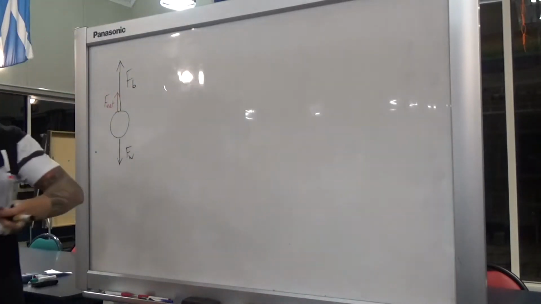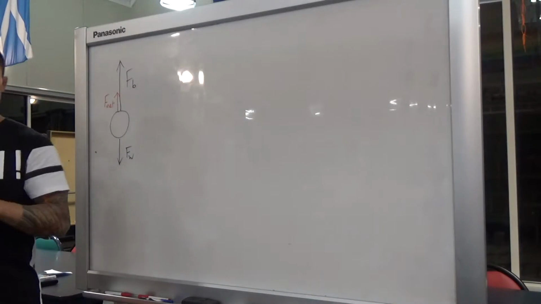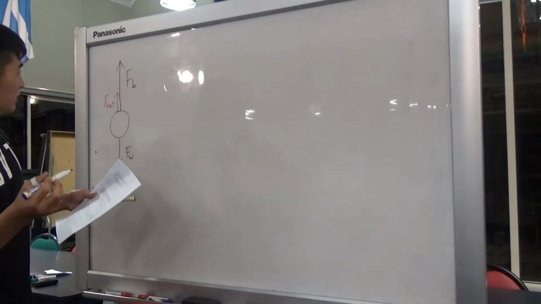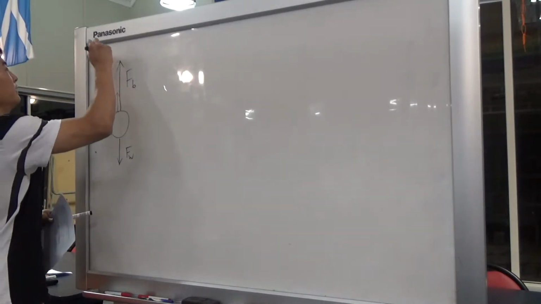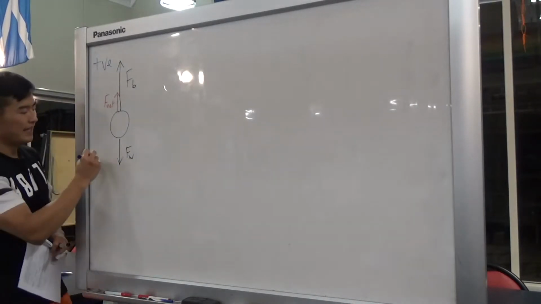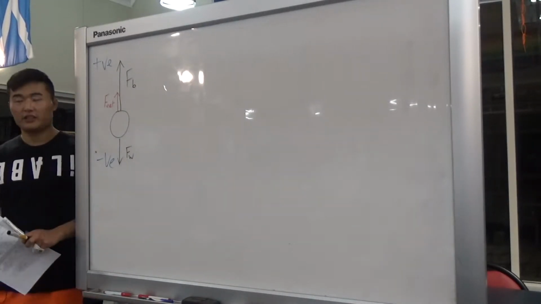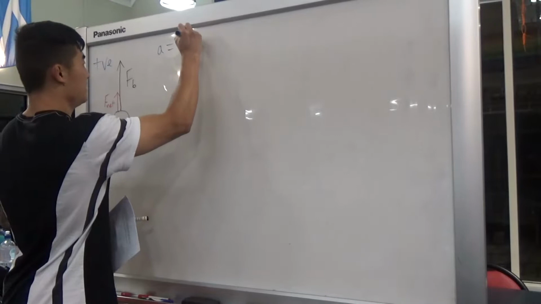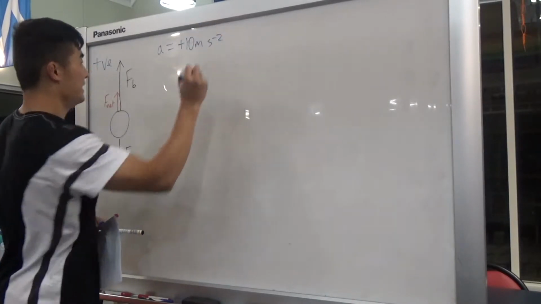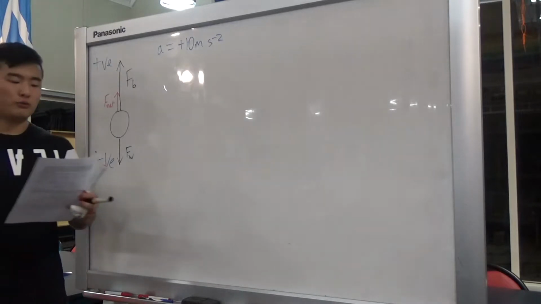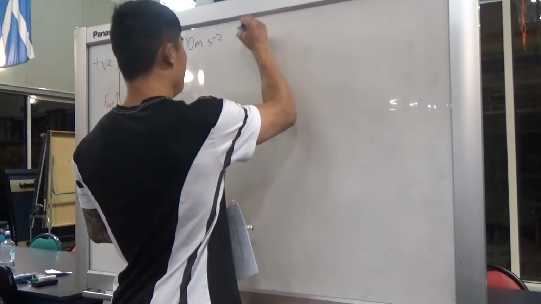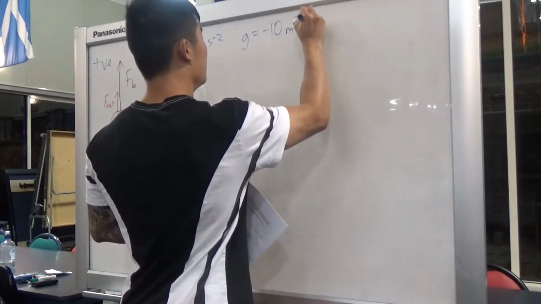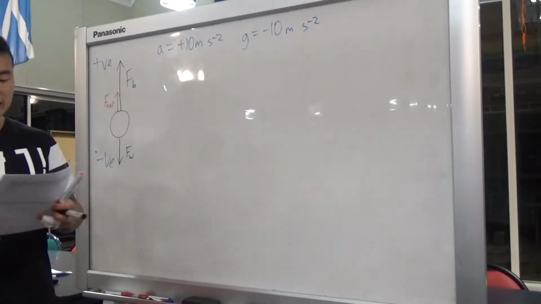This one's a lot of maths, and don't be too worried if you don't get it. It is quite tricky. So first of all, we're going to say that upwards is positive and down is negative. So then our acceleration is positive 10 meters per second squared, and that means that gravity will be acting in the opposite direction, downwards, so that's negative 10 meters per second squared.